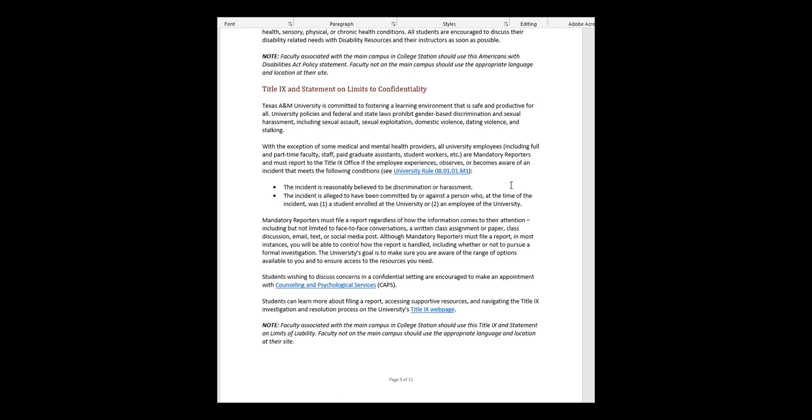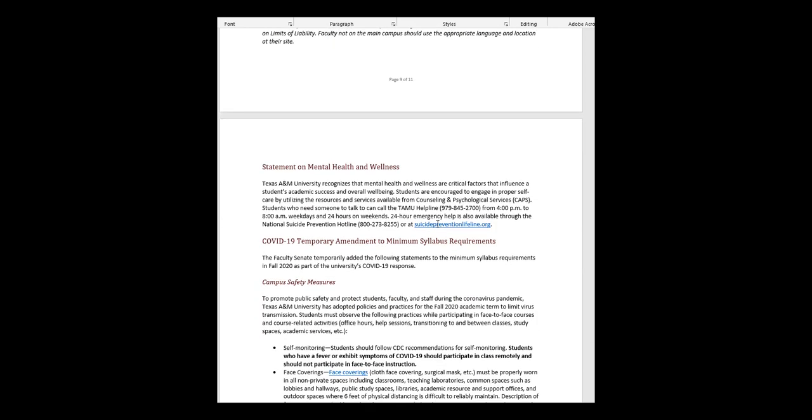So if you are experiencing anything at all, where there's any type of sexual harassment, any racism, anything, let me know and we will take care of it. I want to make sure that you are as safe as possible, that you are in a comfortable learning environment, that you are supported so that you can actually learn the best to all of our abilities and get the most out of this class that you possibly can.